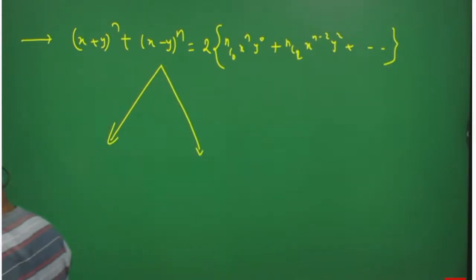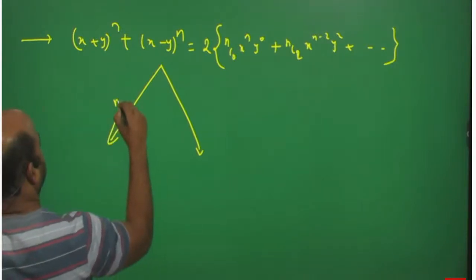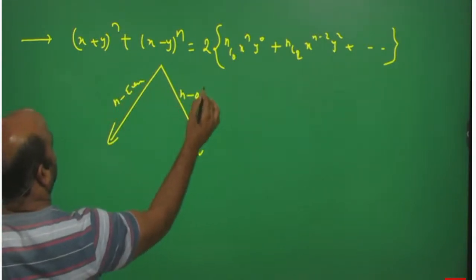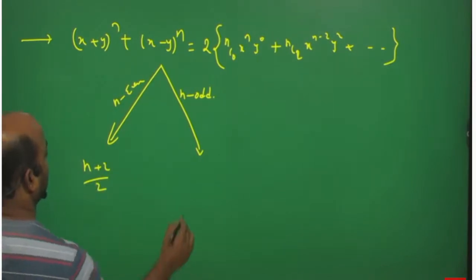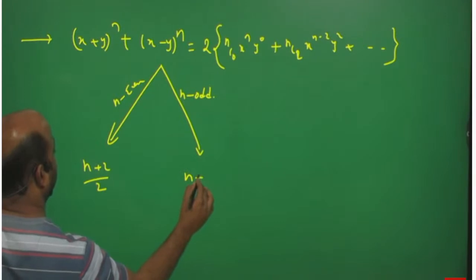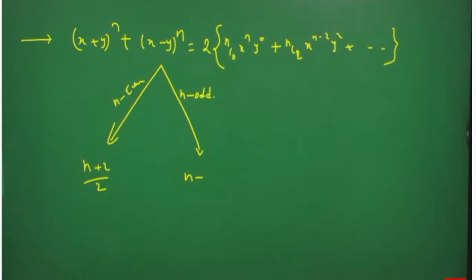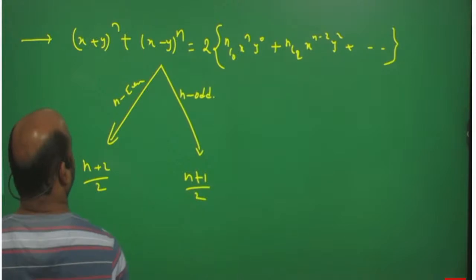So the number of terms here is two things you will get. Take it down. Number of terms is, when n is even and when n is odd: (n+2)/2 when n is even, and when n is odd, (n+1)/2. That's correct. That is about plus.